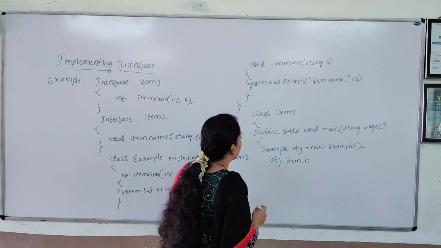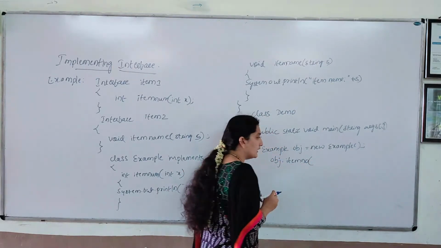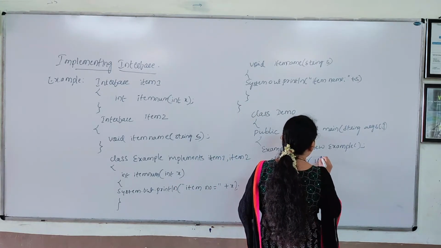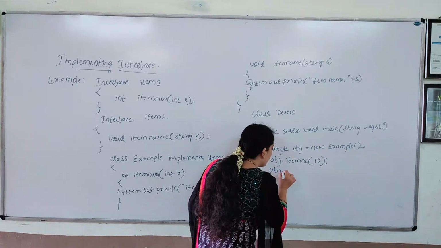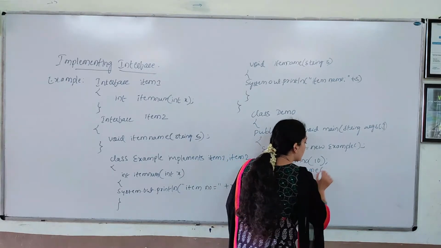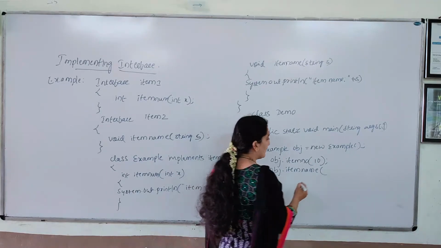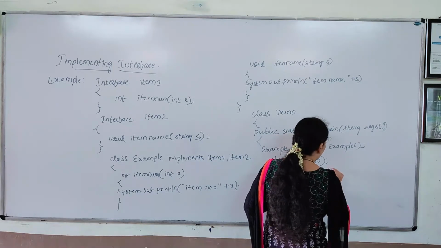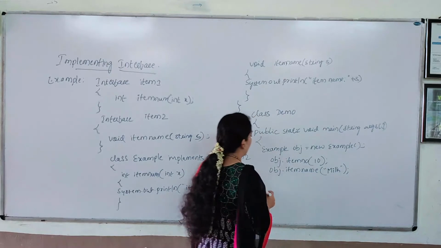Now in the item number method call, I will pass the value of x, that is 10. And in the item name method, I will pass the value of item name, let's say milk.